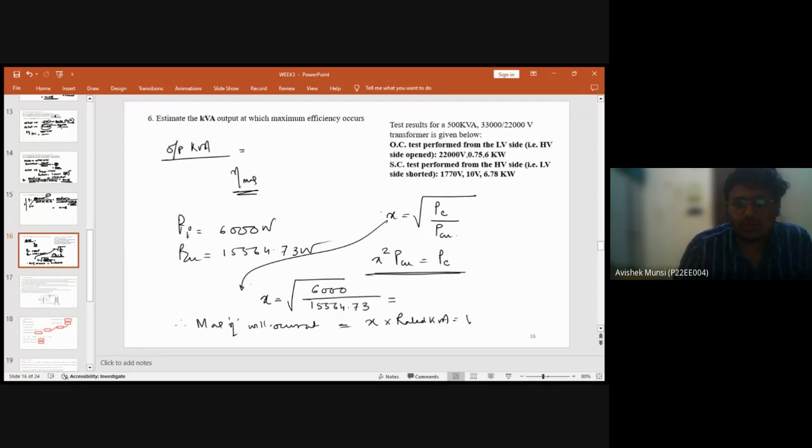That is root over of this one into the rated kVA, which is 500. So if you solve it, that is 310.43 kVA. Clear?